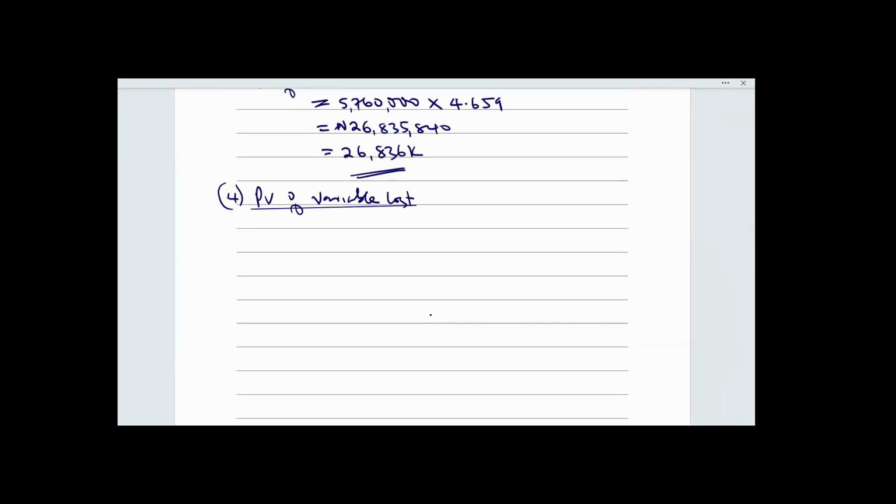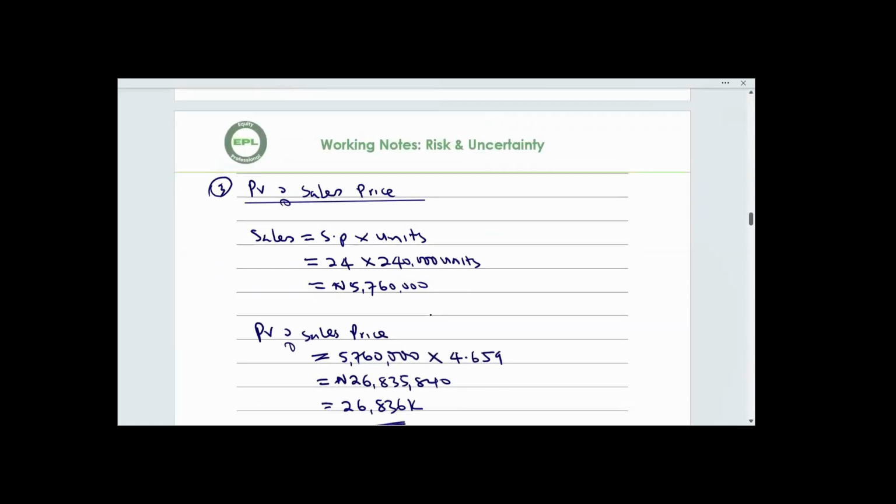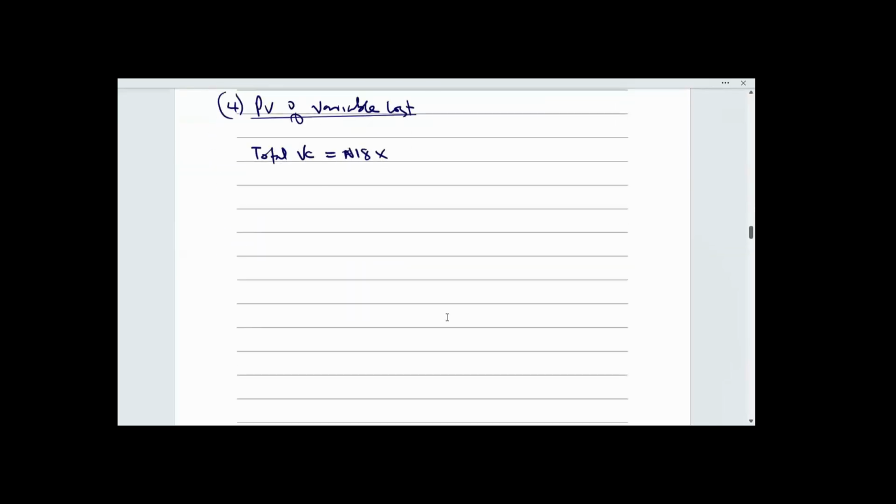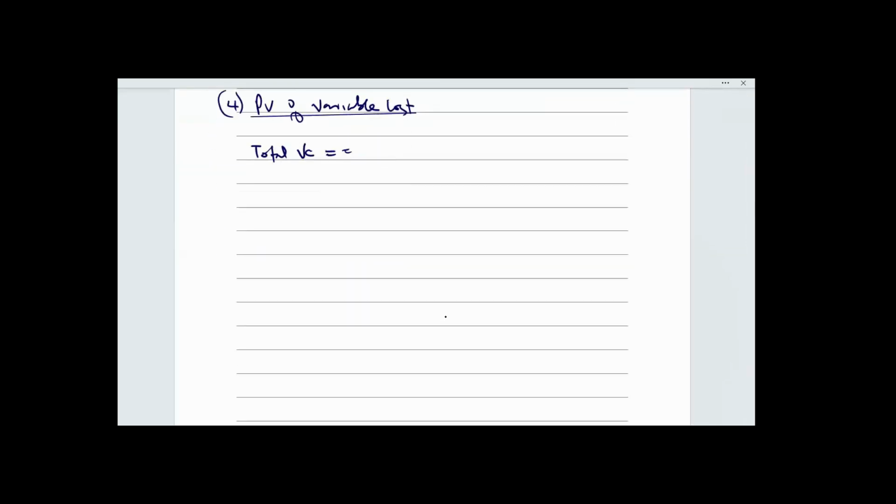So to get the PV of variable costs, you need to first of all calculate variable costs. So total variable costs will be calculated as variable cost of 18 naira multiplied by the unit produced. Okay, multiplied by the unit produced. This is variable cost per unit multiplied by unit produced.